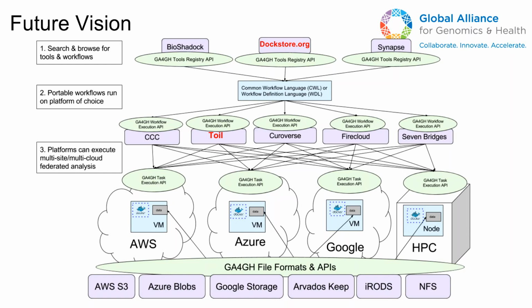So this, from a high level, is really what we're headed to and what we're hoping that these standards will help us achieve, with Dockstore and Toil being good examples of platforms that will work in this ecosystem. And with that, on my side, I want to acknowledge the Dockstore project. The Container and Workflows task team with the GA4GH has really been helping to drive that standard forward for not only the tool registry, but also the task and workflow API.